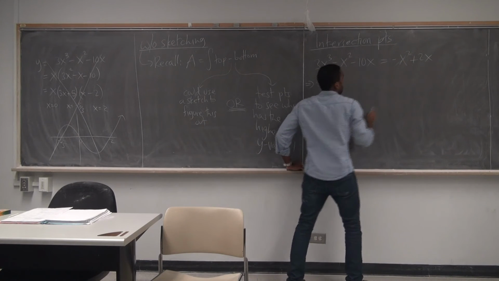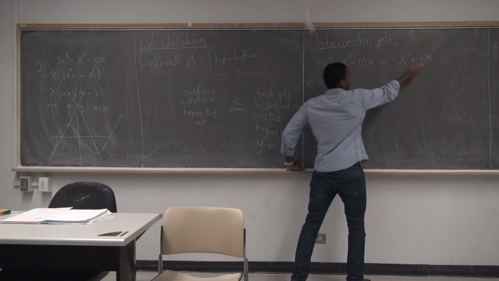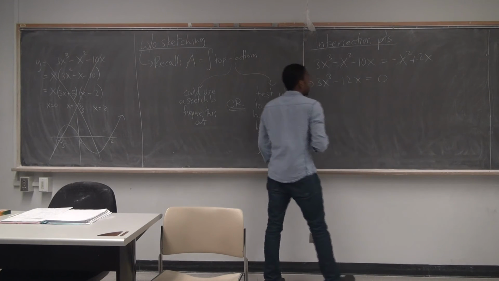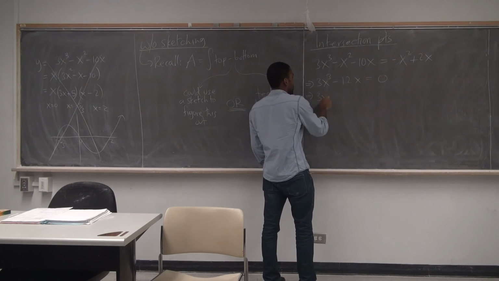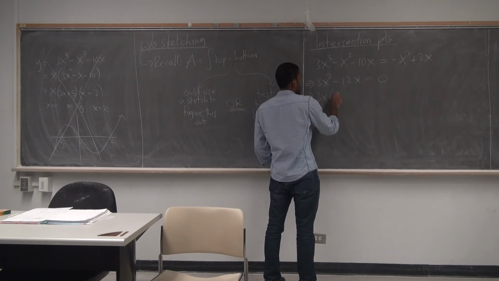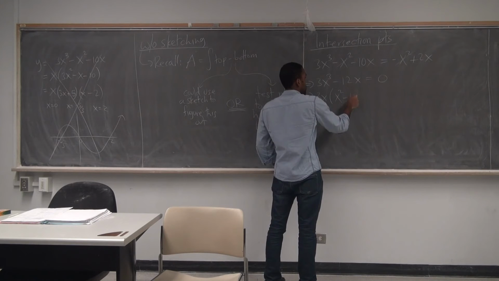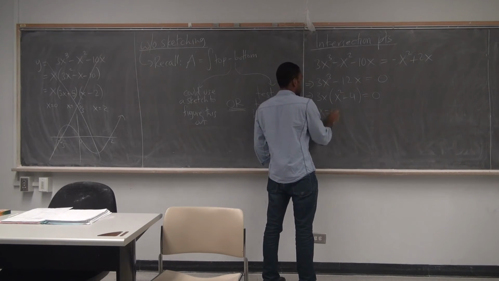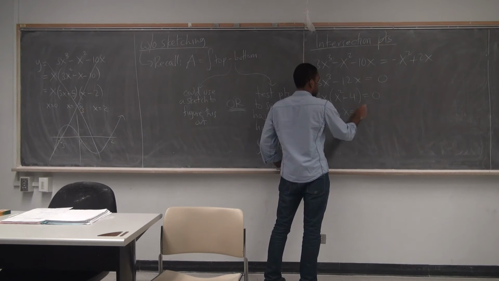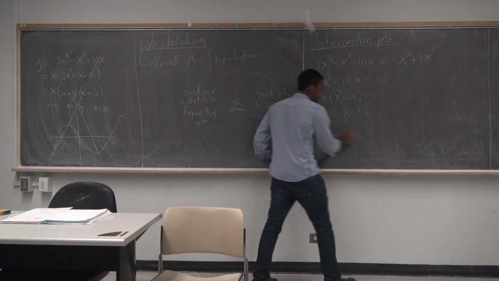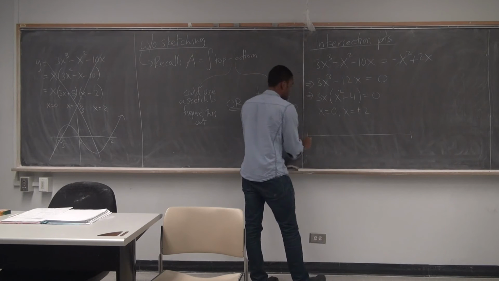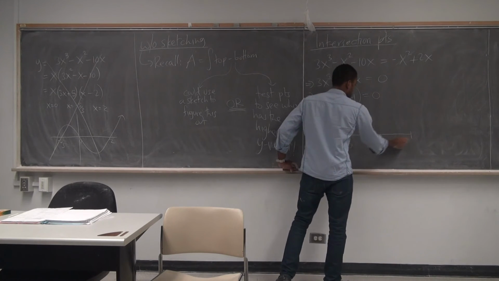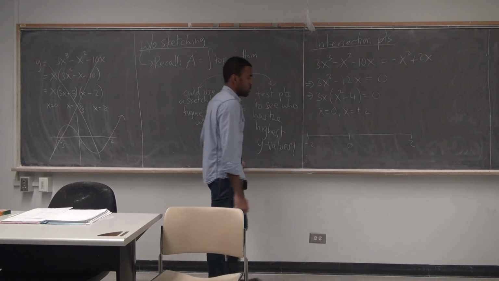It would just die. And so I have minus 10x, and I move the 2x over here, I get minus 12x equals 0. So the common factor is 3x. I would be left with x squared minus 4. So I have x equals 0, or x equals plus or minus 2. So now on this interval, minus 2, 0, and 2, I'm going to see who's bigger.